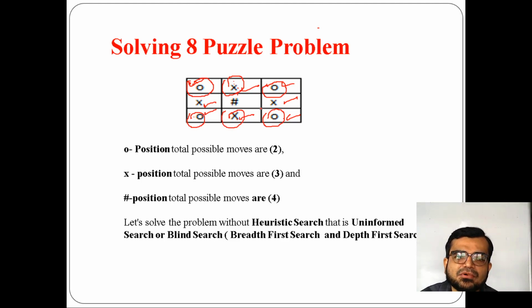Whereas only one position, which I have represented as hash, the middle one, is a position where you can move up, down, left or right. So all 4 directions are possible for only one position.